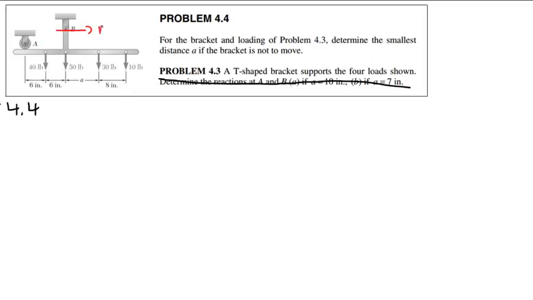So here I have Bx, here I have By, and here I have Ay. I know that as this is drawn, this roller will not be able to pull up, so it must be applying a downward force to this T bracket.